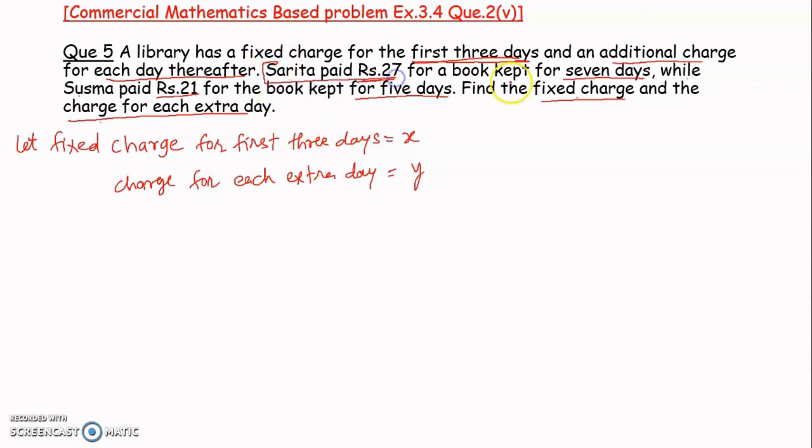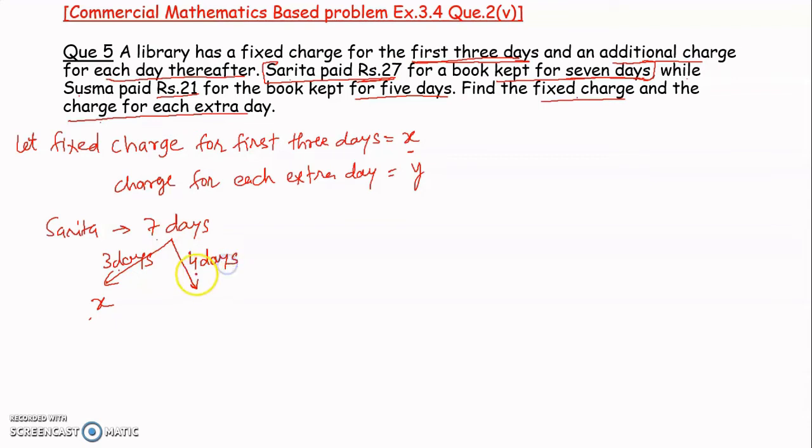Sarita paid rupees 27 for the book kept for 7 days. So out of 7 days, for the first 3 days she will pay the fixed charge, that is rupees X, and there will be 4 days remaining.